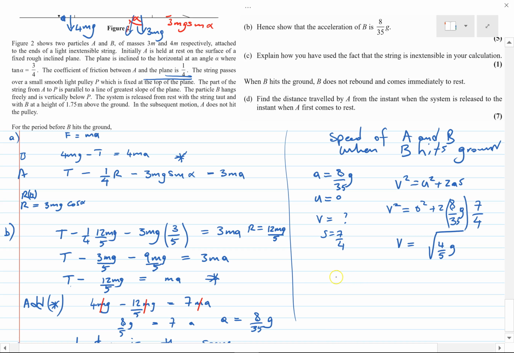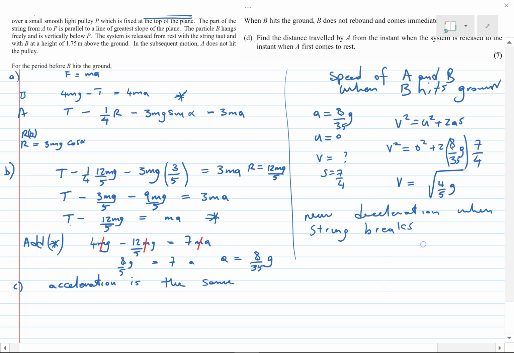We then need, when the string breaks, to work out the new deceleration, because there'll be no tension at that point. So basically at that point we're going to have something moving, and we're going to have friction, a component of weight.